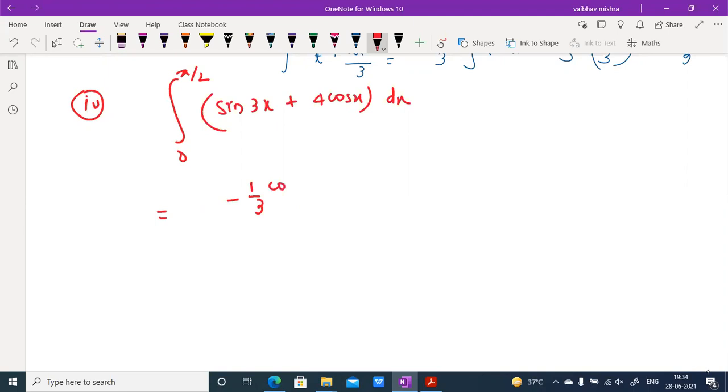Correct. Minus 1 upon 3. Sin 3x integration is cos 3x, and cos integration is sin x. And then we apply the limit from 0 to pi by 2.